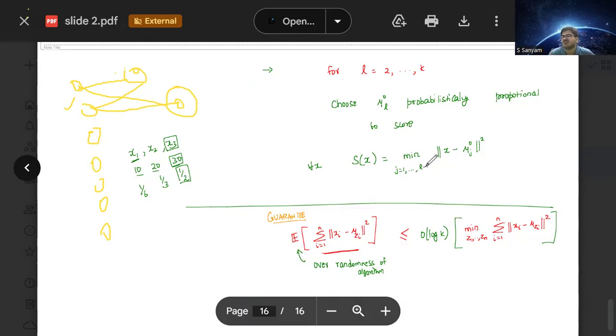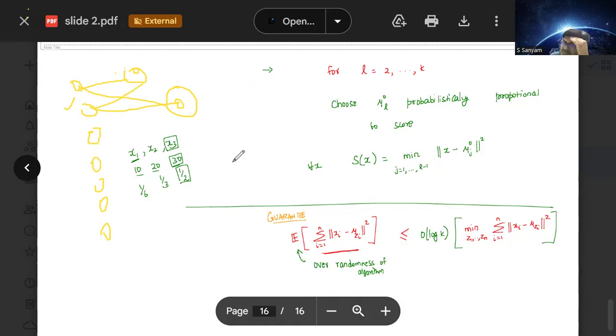1 to L minus 1. That means if you have already chosen two data points, so 1 and 2 cluster means, for every data point we will check the minimum distance from the already assigned cluster means.